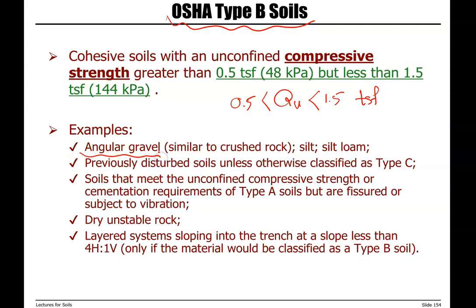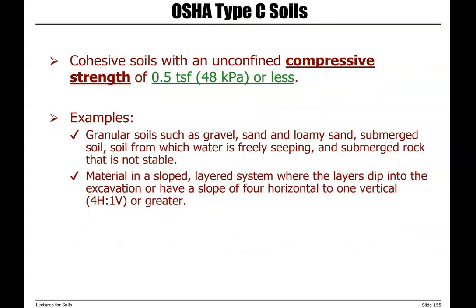Angular gravel, silt, loam, previously disturbed soils unless otherwise classified as Type C, soils that meet the unconfined compressive strength or cementation requirements of Type A but are fissured or subjected to vibration, dry, unstable rock, layered systems sloping into the trench at a slope less than 4:1.